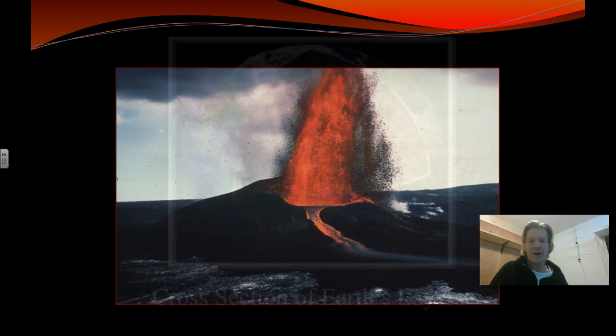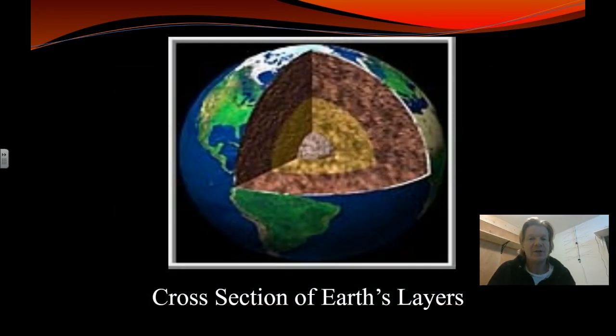So this is a cross section. Obviously, it's a model. We can't cut a big chunk out of the world like that for a gazillion reasons, so it's just a cartoon model. But you can see deep inside, the outer layer right here is the crust, just below our atmosphere, and it's really thin.